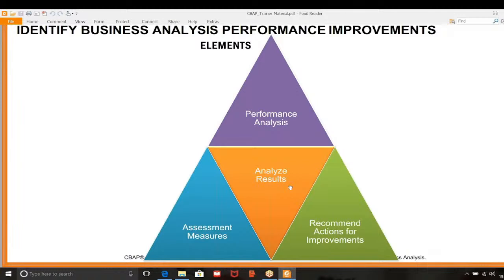So you need to analyze these results, negative results. You can analyze positive results also, so that you can keep repeating them. So you analyze this result that there is no consensus. So maybe you came up with a solution: let me talk to the stakeholders separately in individual meetings. Let me get their viewpoints. Let me consolidate them.